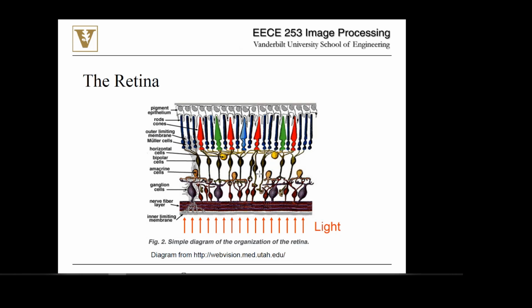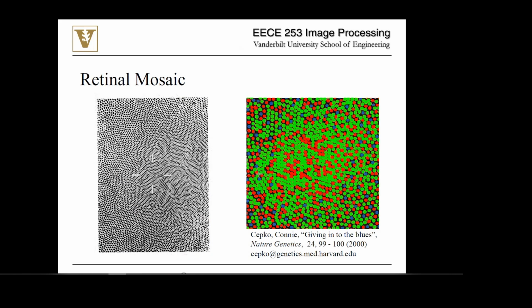Rhodopsin is the protein that receives the photons as a chemical chain. And then this chemical chain opens pores in the cell, and then ions flow and so on. So that is a beautiful cascade of events.